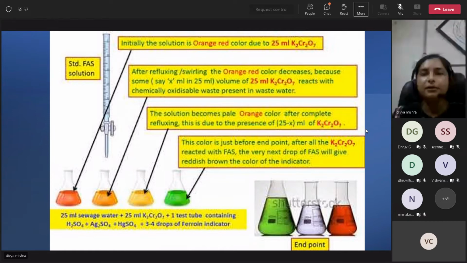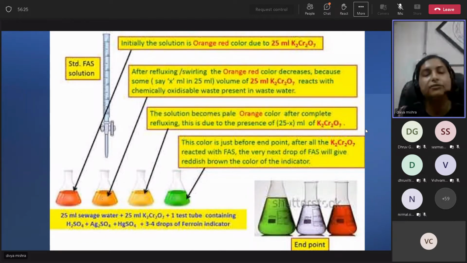Initially when we add it, your color will be orange red. Then we will allow it to reflux for 30 minutes. After 30 minutes, after the decomposition, the waste will react with this potassium dichromate and it will be chemically oxidized.